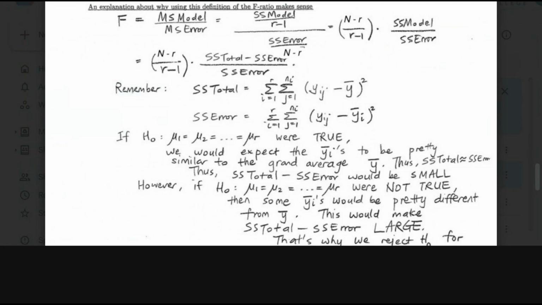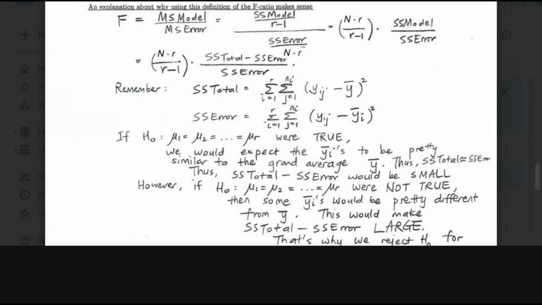So what does this tell you? This is the total variability less the unexplained. So if the null were true, then the difference between SS total and SS error would be small.